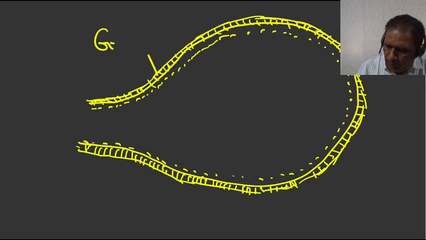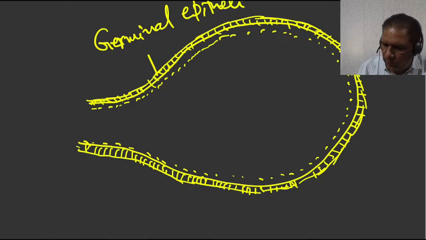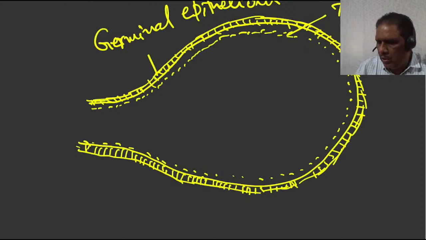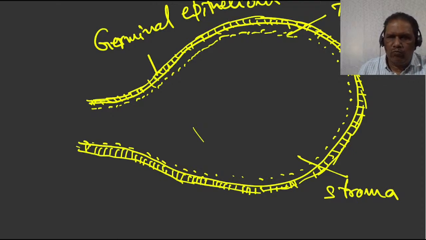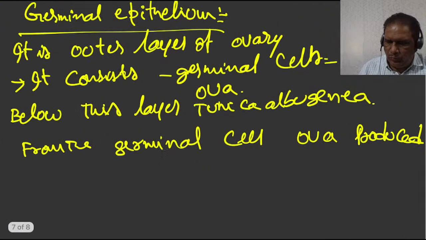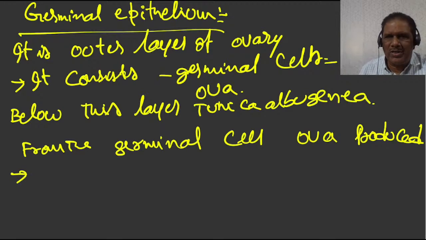This is the germinal layer or epithelium, this is the tunica albuginea, and this entire space is called the stroma. Okay, right. So the germinal epithelium produces ova, and ovulation occurs.